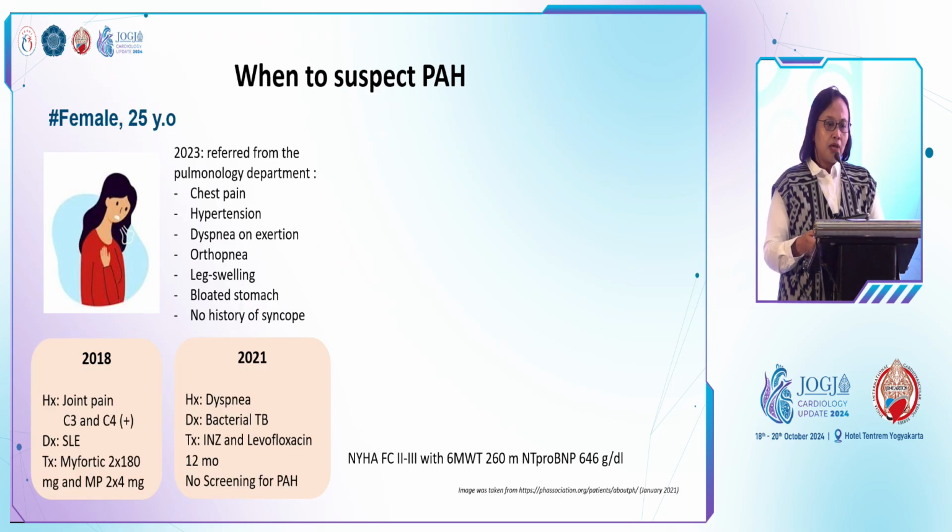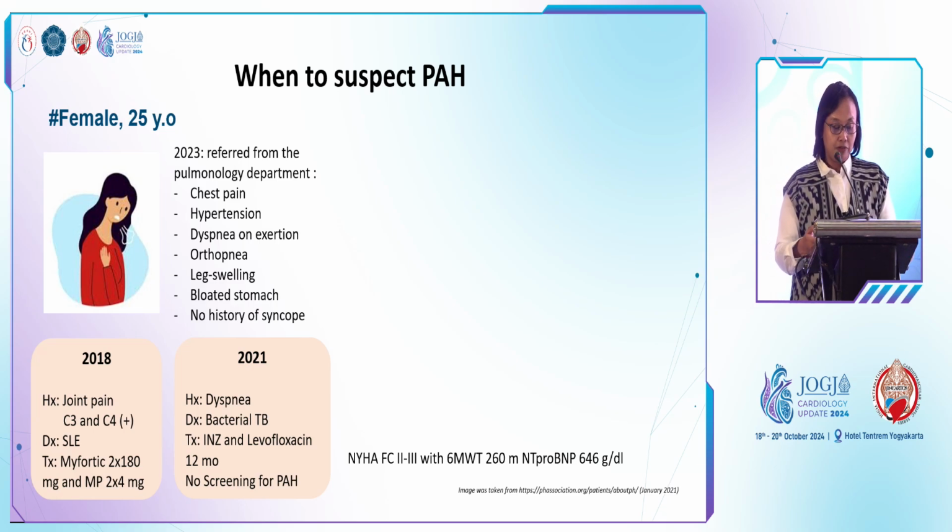So when do we have to suspect a patient with pulmonary arterial hypertension? Here we have a female, 25 years old, referred from the pulmonology department with chest pain. She also has hypertension, dyspnea on exertion or top-pneu, and some signs of right heart failure. She was diagnosed with systemic lupus erythematosus in 2018 with specific treatment for that.